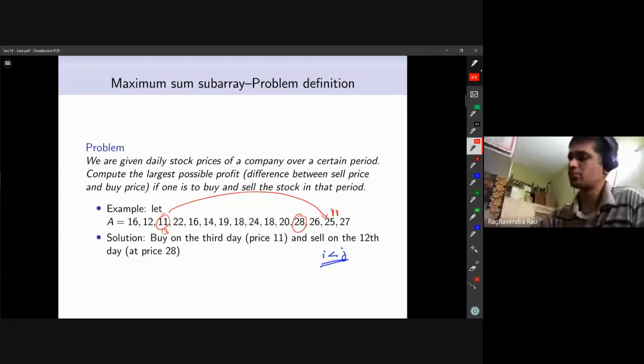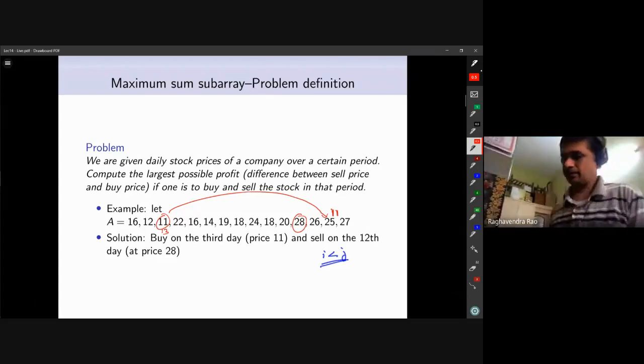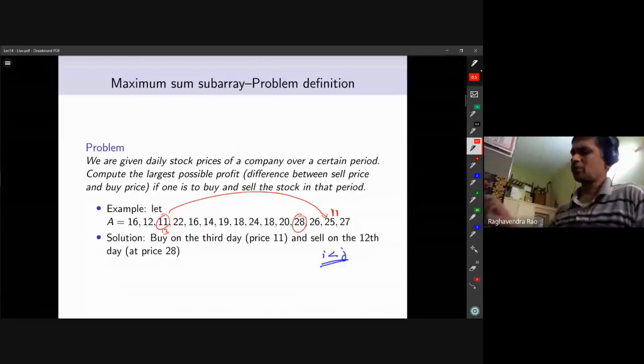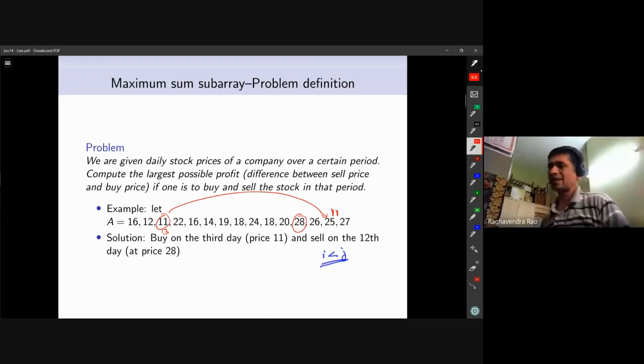So you still have the maximum here, but not the minimum. Similarly, I could have put 28 here, and then the solution would have been to pick 13, so 12 and 26. So it's not exactly minimum and maximum. There is much more to it.